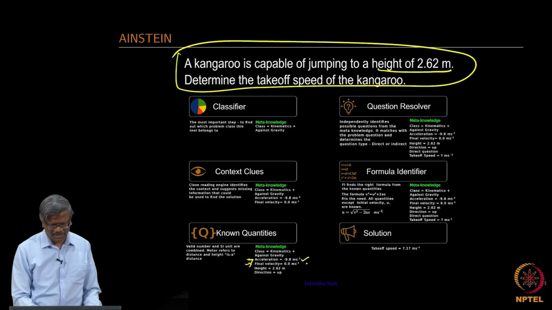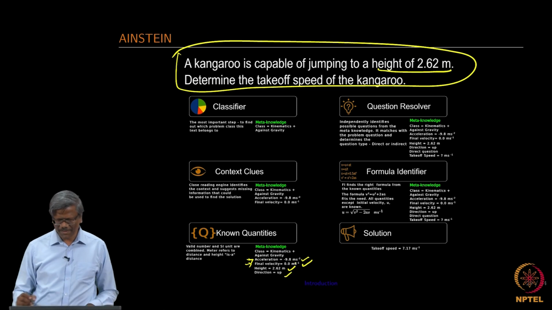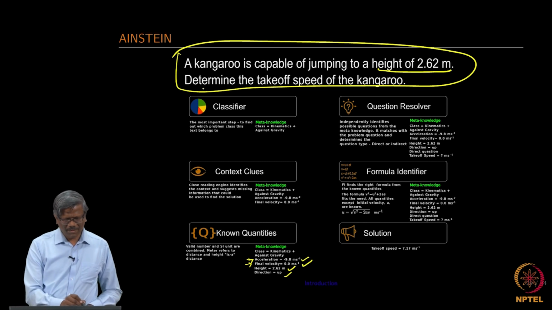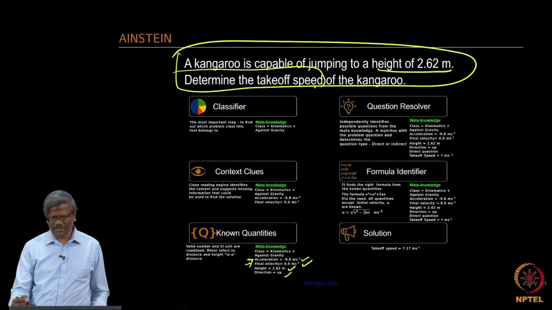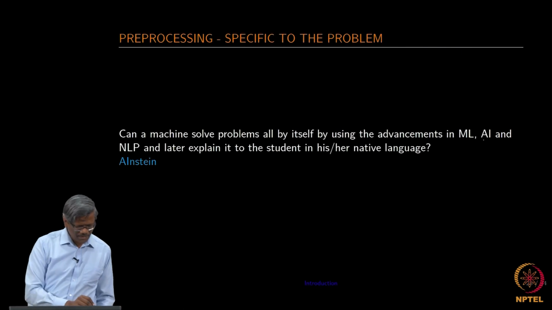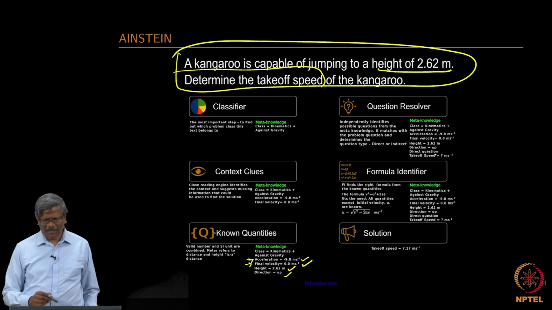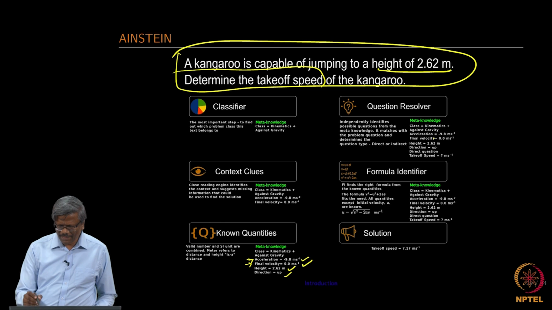So, the final velocity is 0, it assumes, and then the height is given, the direction is the upward direction, and then it tries to find out what the question is. So, determine the takeoff speed. Using those phrases, it tries to find out what is the actual question. And then it says it is a direct question and it needs to find this.